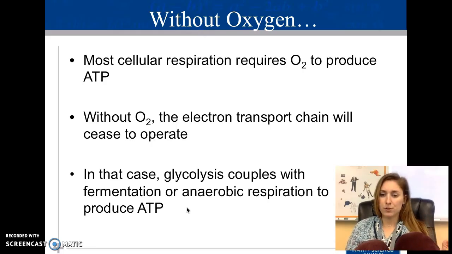And so the first two steps of cellular respiration can occur, but chemiosmosis and therefore the production of basically 28 of my ATP are not made. In this case, glycolysis couples with two different things, either fermentation or anaerobic respiration, to make ATP.